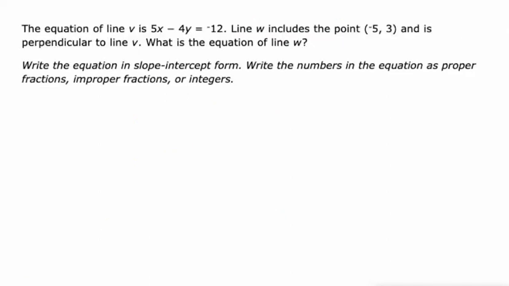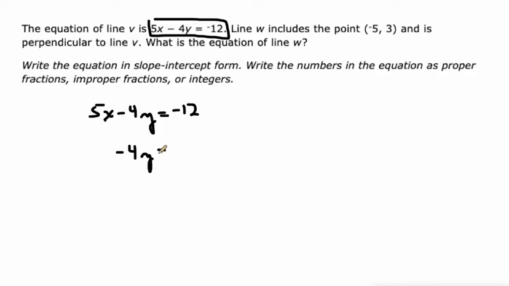Let's do one more for good measure. We got time. We got the equation of line v. Oh, see, now this one's a little different because we have to take this equation and find its slope. Okay, so let's do that. It's in standard form. So I think the easiest way to find its slope is probably to turn it into slope-intercept form.